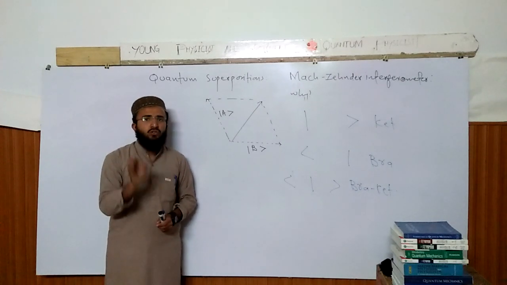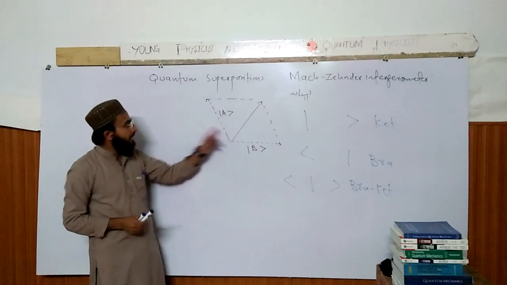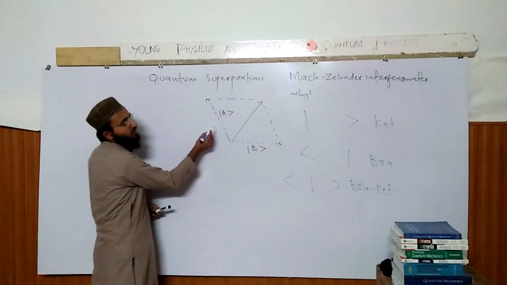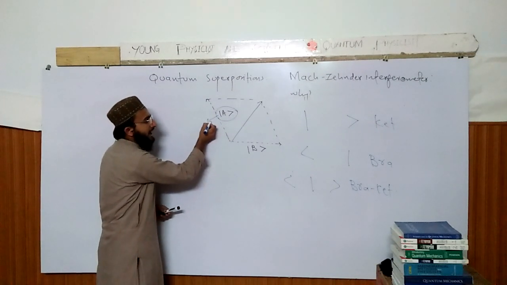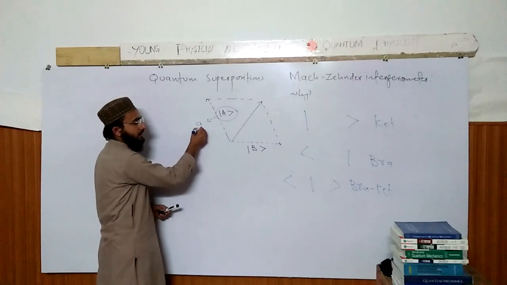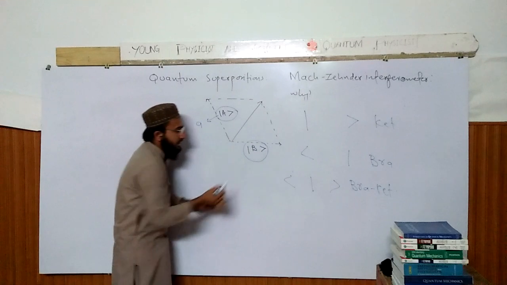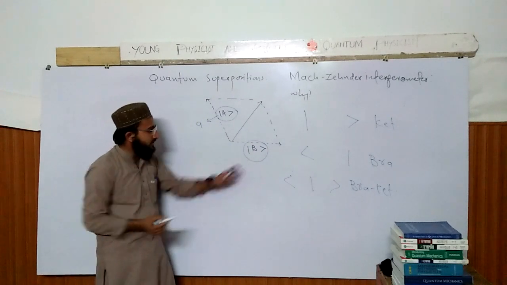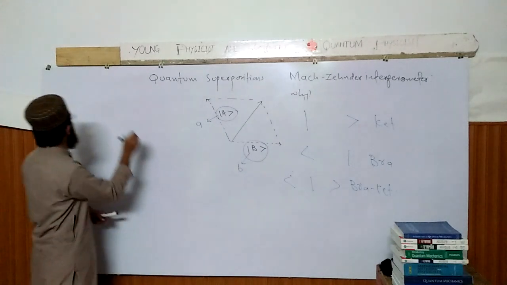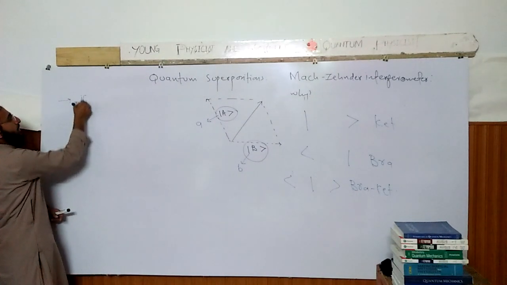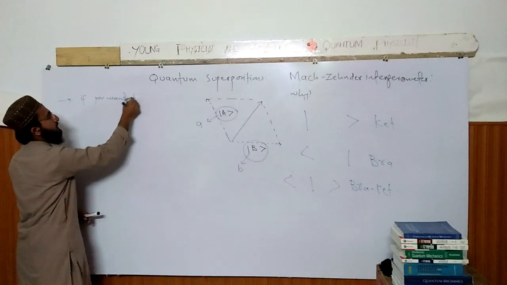If we want to measure any property Q of this system, and I always get the result a, and similarly, if I measure property Q of the other system and I always get the result b, this is a very important point.